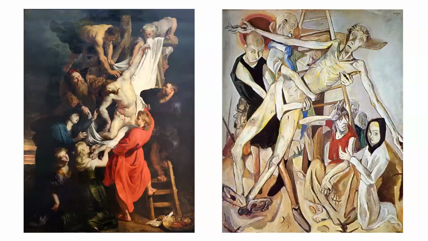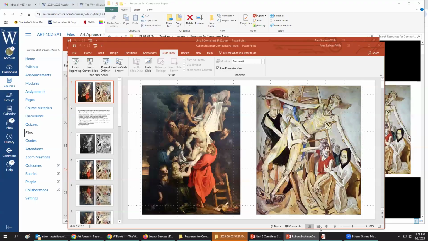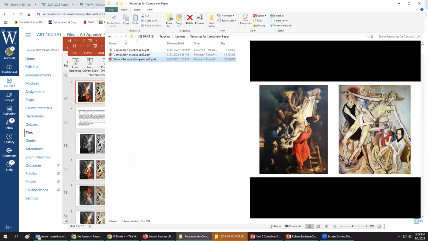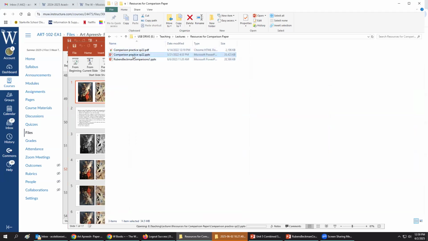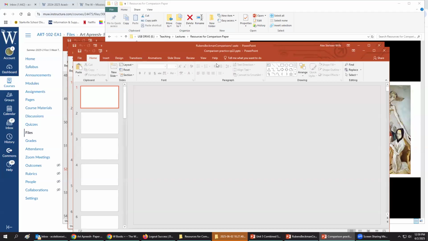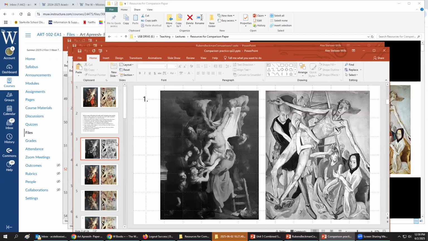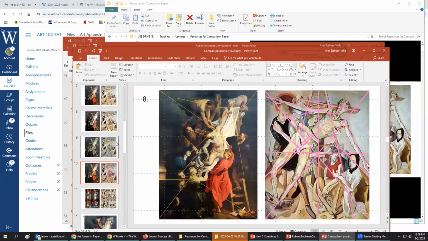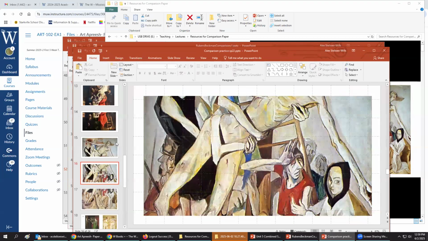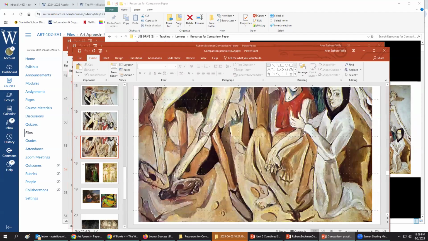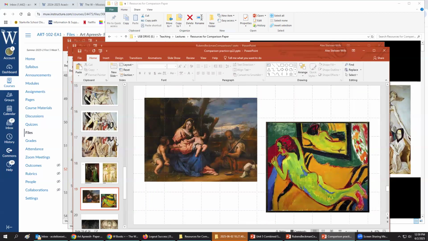That's actually in a separate lecture, I think the one titled Comparison Practice. Here, this one has all those comparisons, like these.